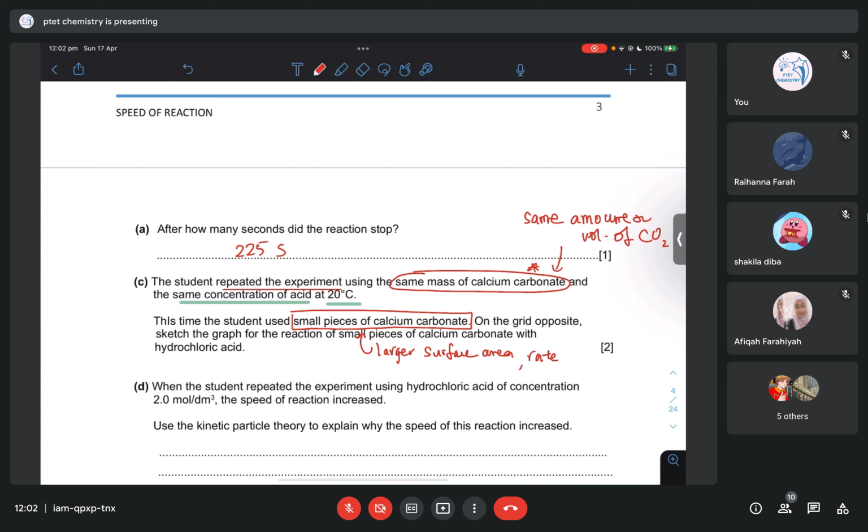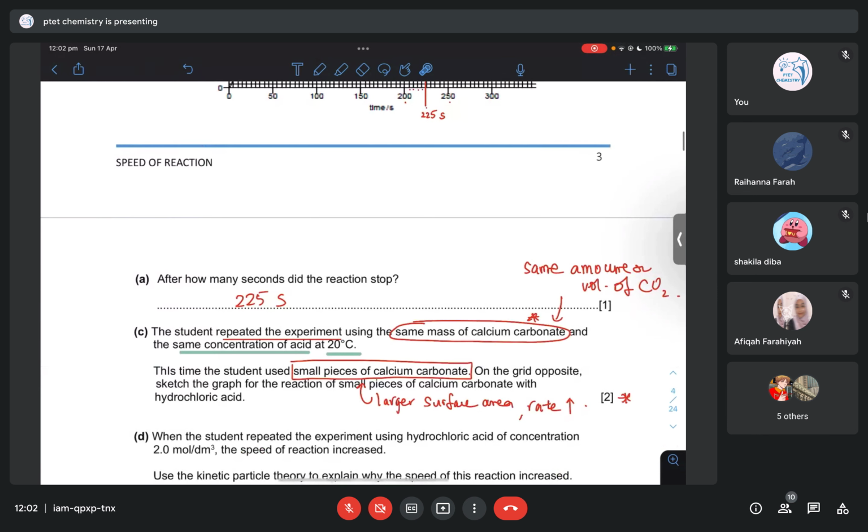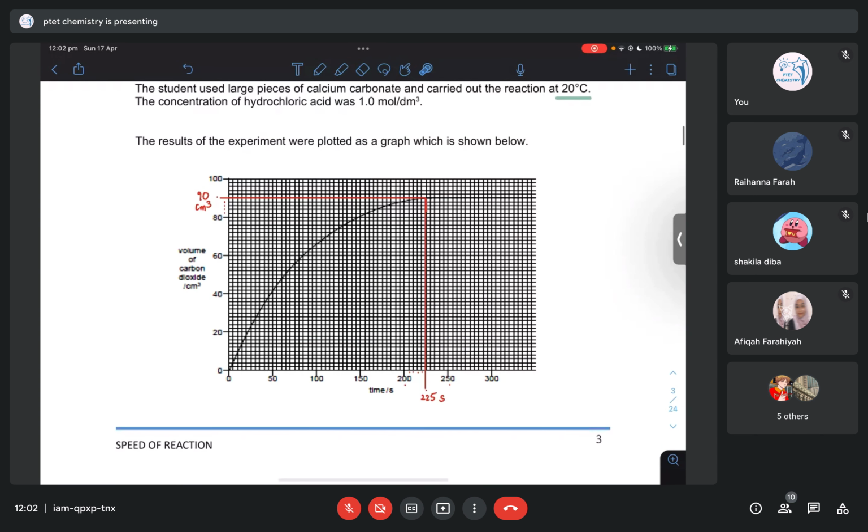So that is why your rate increases. It's 2 marks there because the first mark is you must be able to get to the same total volume, and because you crush it into small pieces and have a larger surface area, you expect it to be faster and not slower. You want the slope to be steeper.